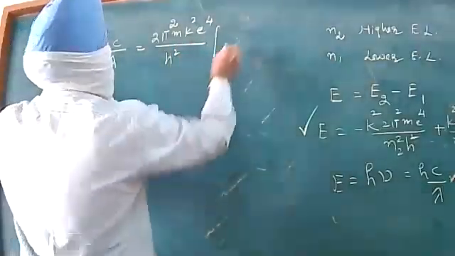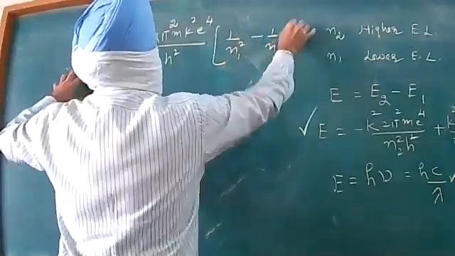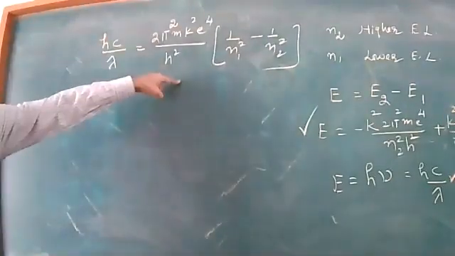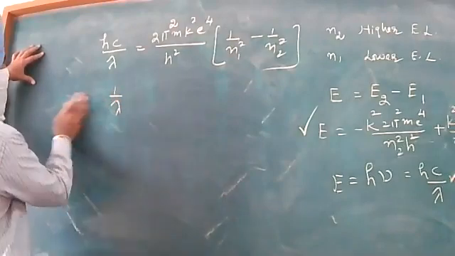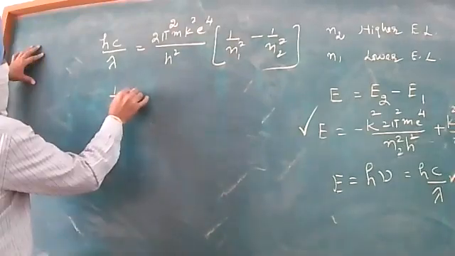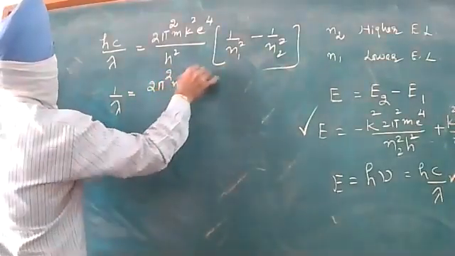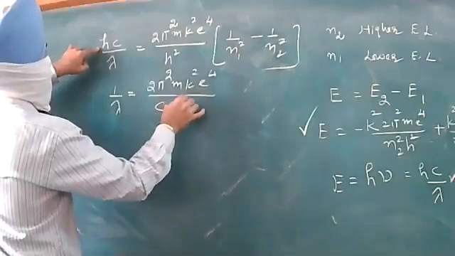And dear beta, see how the formula is emerging now. This is there. Shift this to the right hand side. 1 by lambda is equal to 2 pi square m k square e4 upon c h cube.